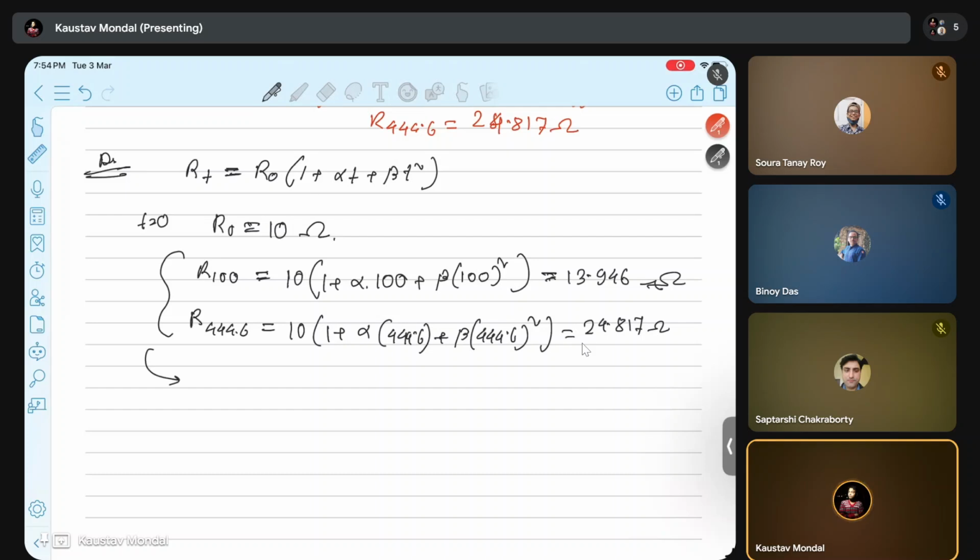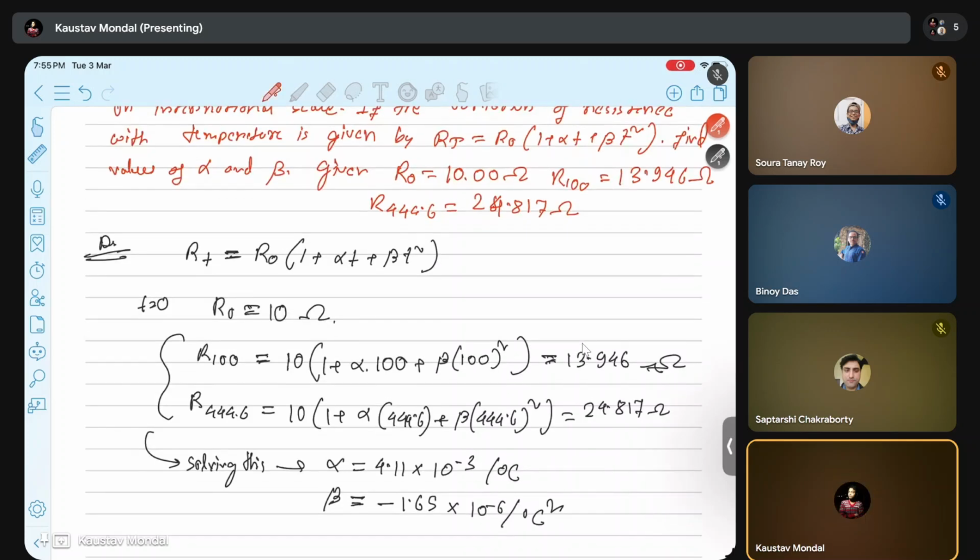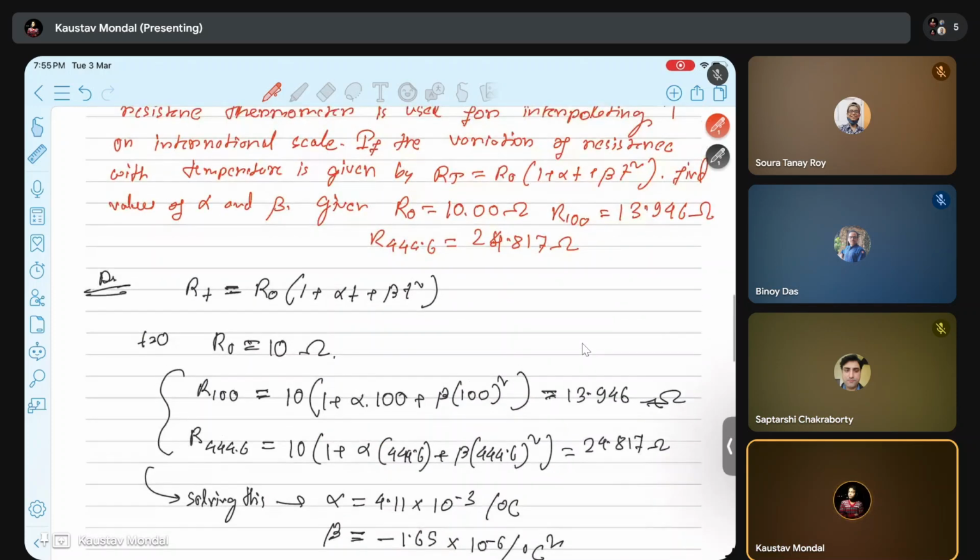Solving this gives alpha equal to 4.11 into 10 to the power minus 3 per degree centigrade, and beta is 1.67 into 10 to the power minus 6 per degree centigrade square, since there's a square term here. Yeah, so this is the way.